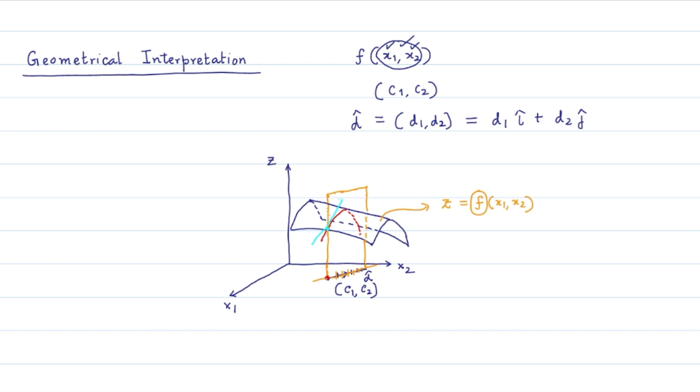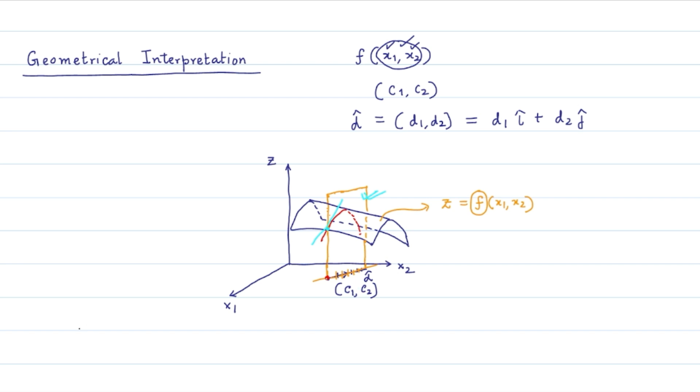Notice here that this tangent as well as this red curve are entirely lying in this vertical plane containing the point (c1, c2) and passing through the line of the direction d hat emanating from the point (c1, c2).